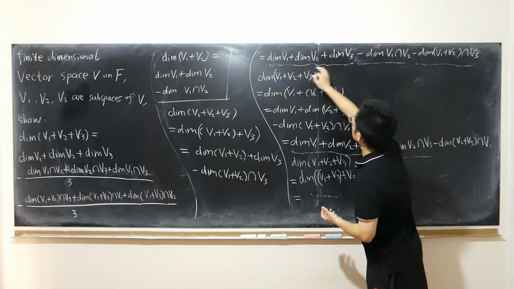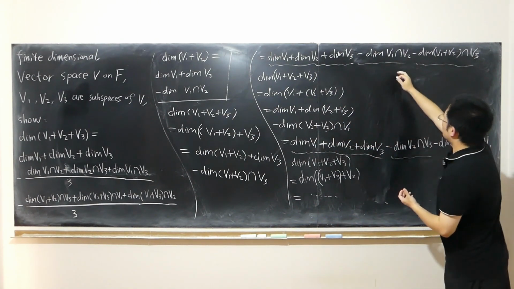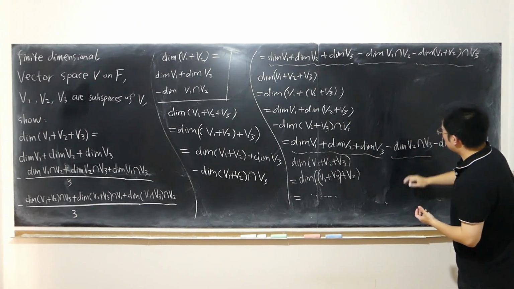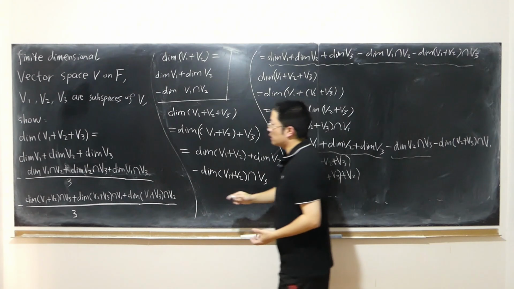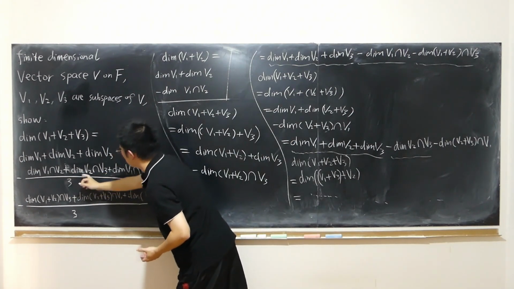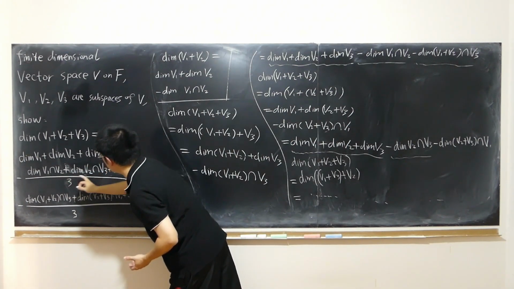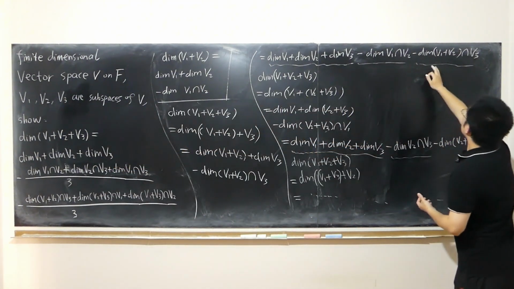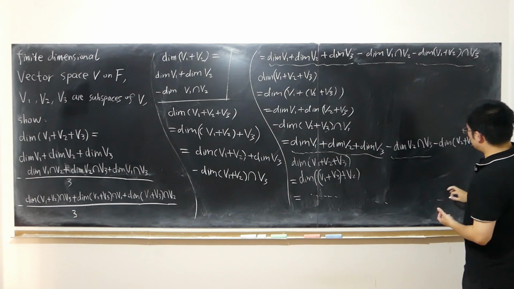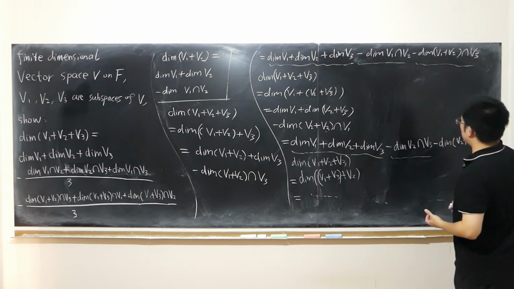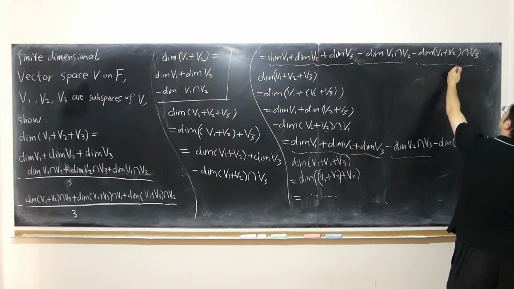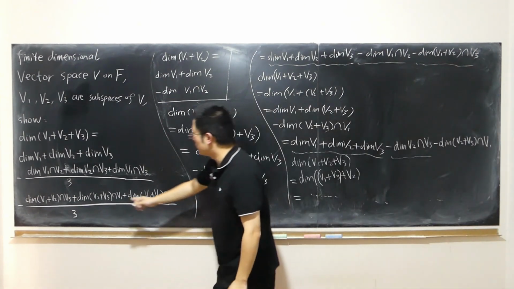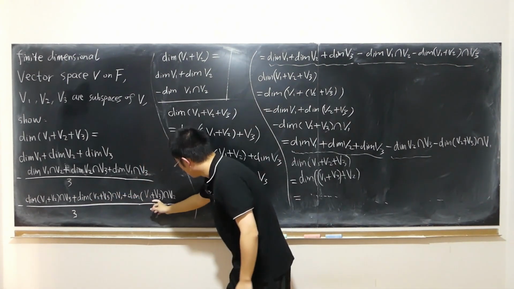This plus that plus something similar to that, you divide by 3, so it becomes this. All the possible combinations of the intersection, divided by 3. Likewise, this plus something else divided by 3. It's all the combinations of the sum and the intersection: sum, intersection, sum, intersection, sum, intersection.